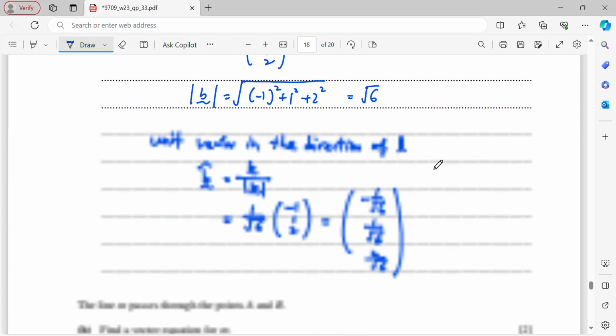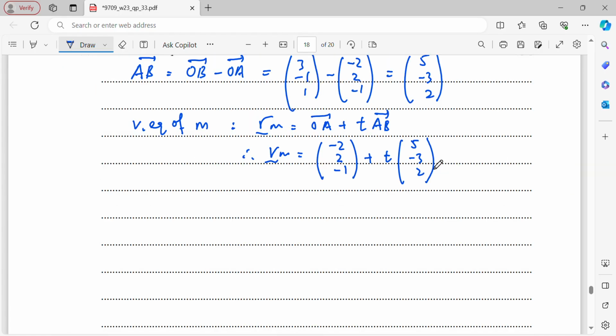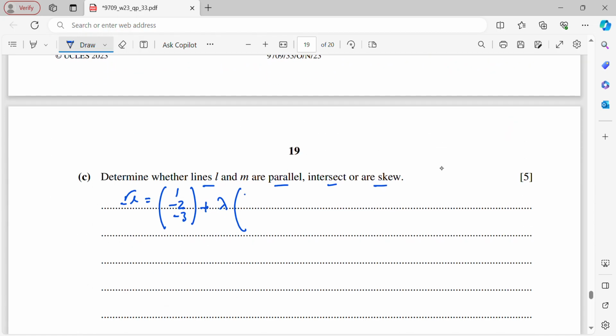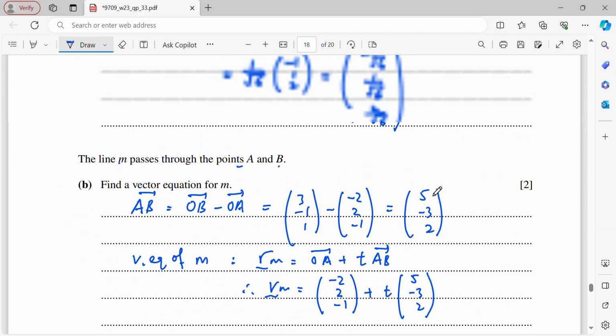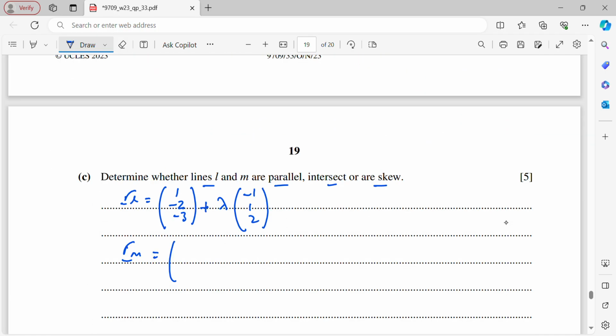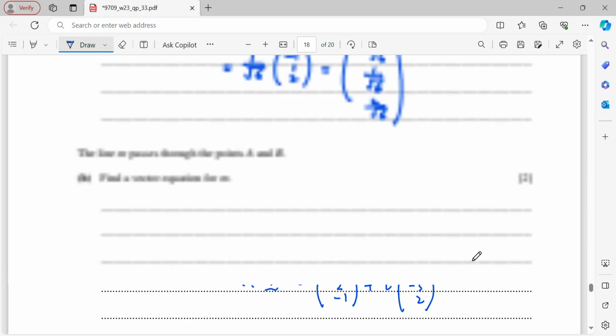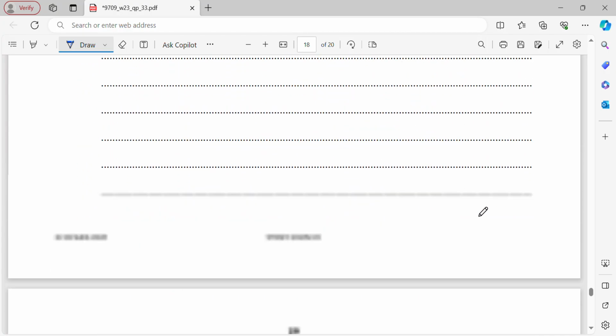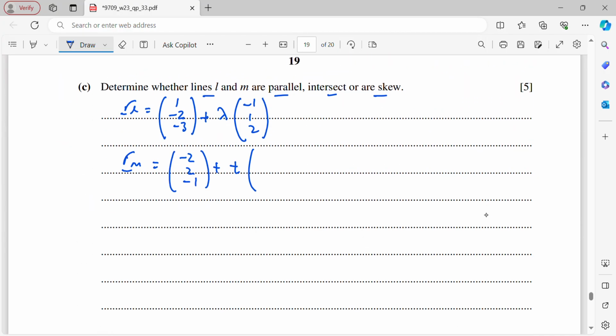Then my r_M, we have just solved it in part B: (-2, 2, -1) plus t(5, -3, 2).